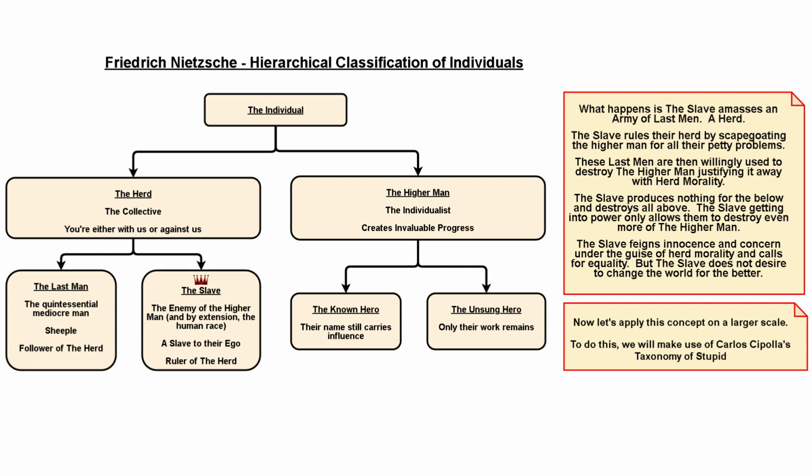So let's go over just a very quick overview of this. Friedrich Nietzsche is a guy who came up with some pretty amazing ideas even for his time, because he was pre-internet. He came up with all these ideas like master morality and herd morality, and this is really at the root of it.